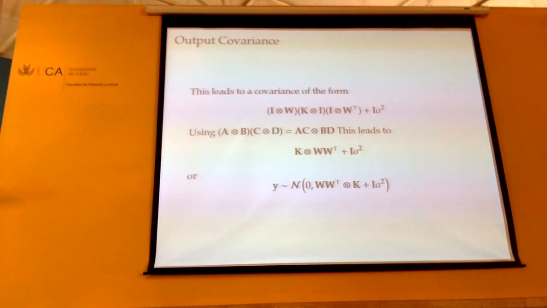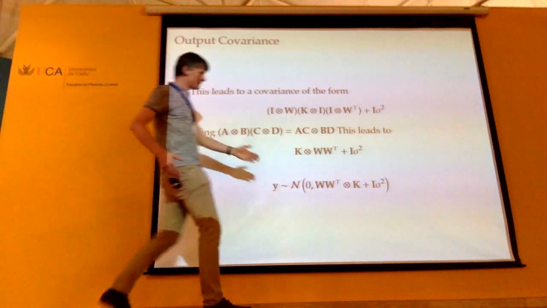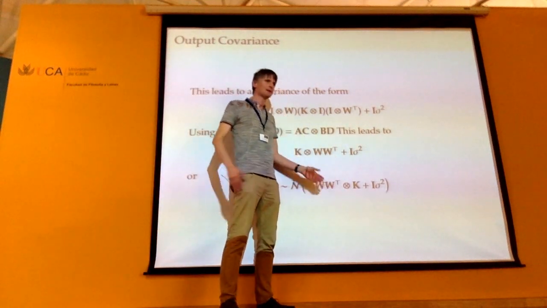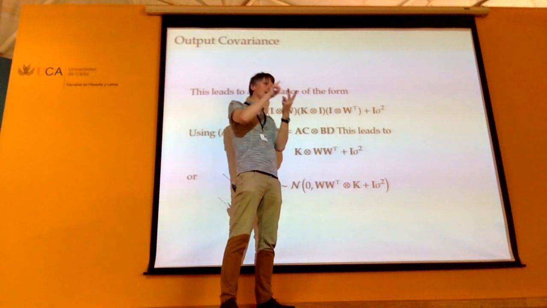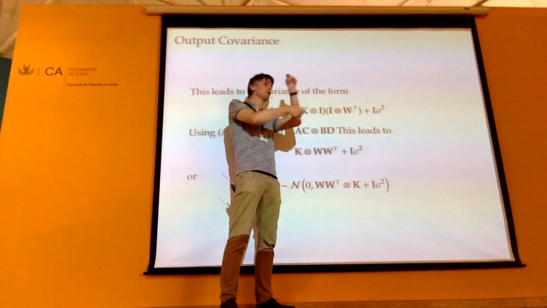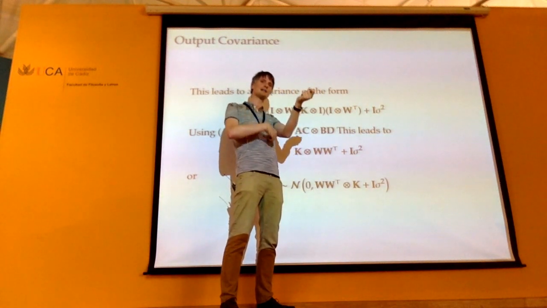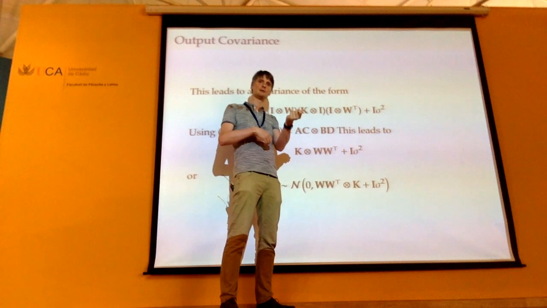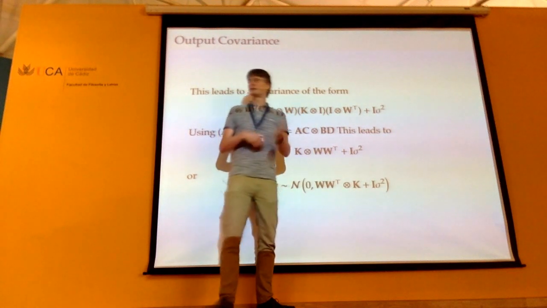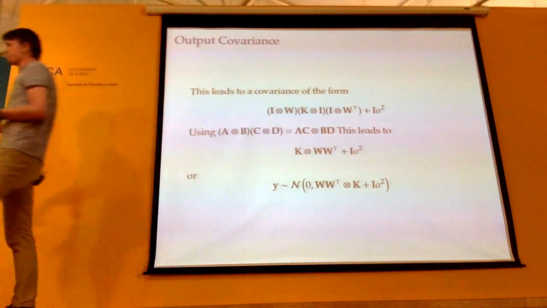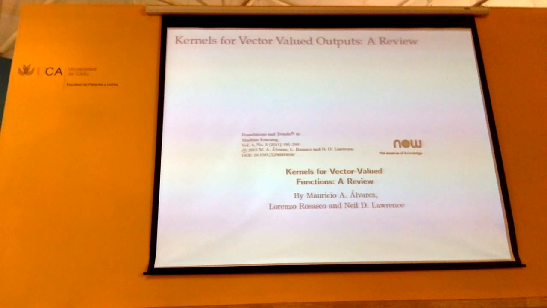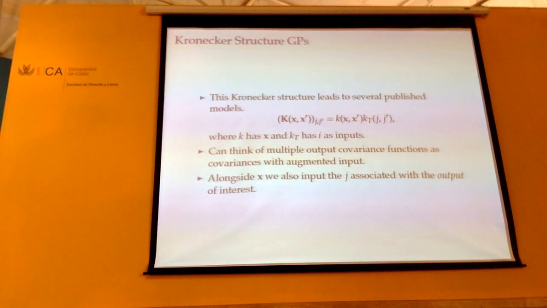Because what this is saying is I've got a vector-valued function now, right? So I now don't have just time, I also have which different outputs. And I'm telling you the correlations between the output identity and the different times, which is nice. So people use that in things like multitask learning and in all sorts of places. But it's just a sensible way of building a Gaussian process.